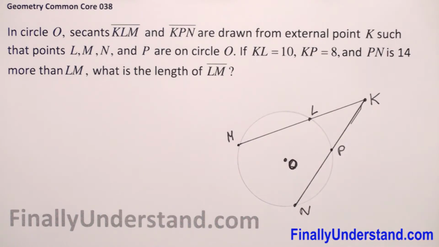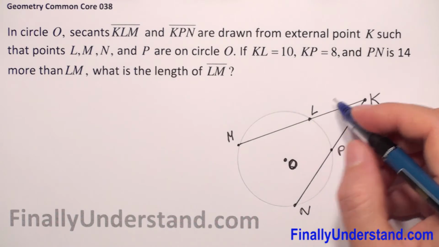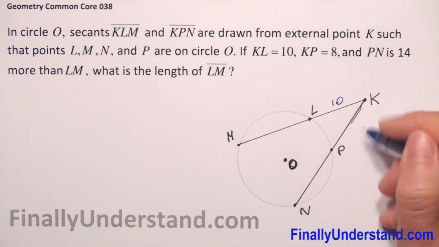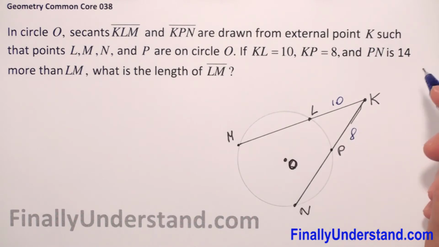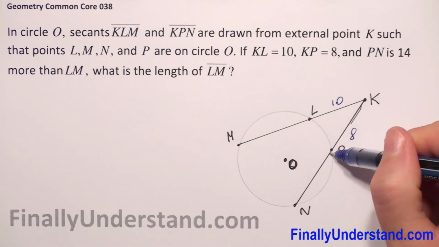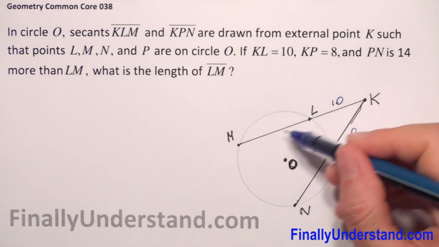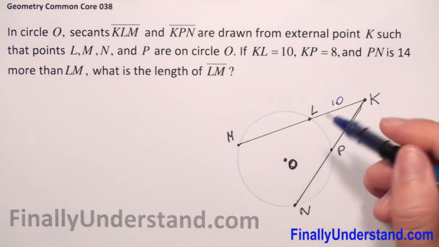We have that KL is 10, KP is 8, PN is 14 more than LM, 14 more.